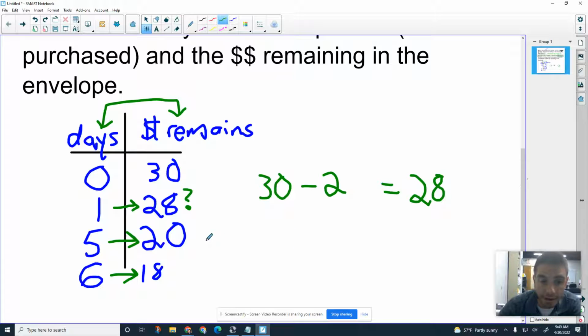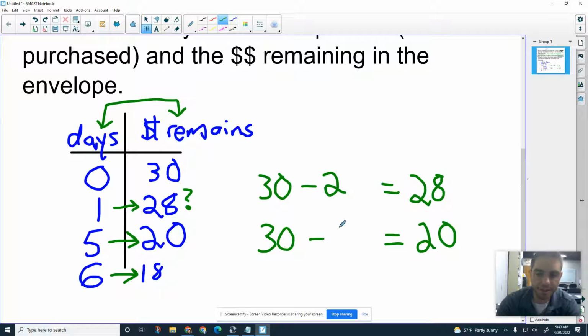So there you go. The next one, how did I get 20? If 5 days have passed, how do I know that $20 is left in the envelope for lunch money? Well, we start with $30 again.